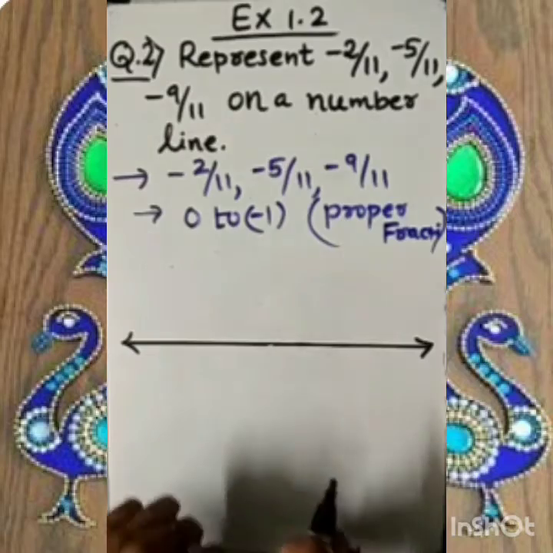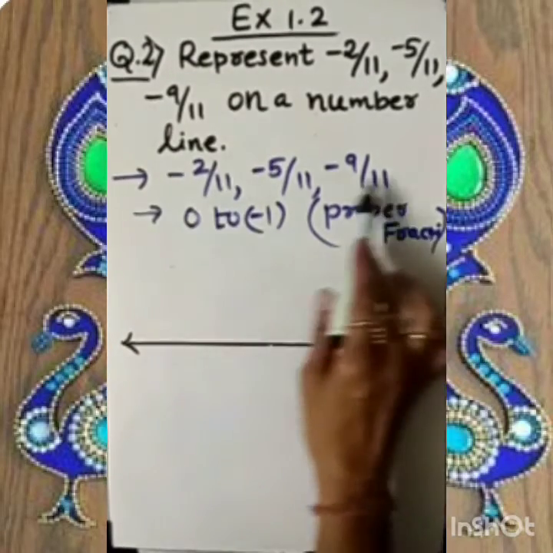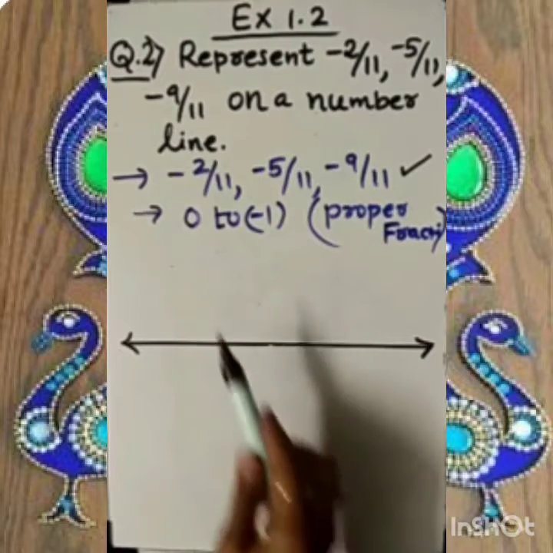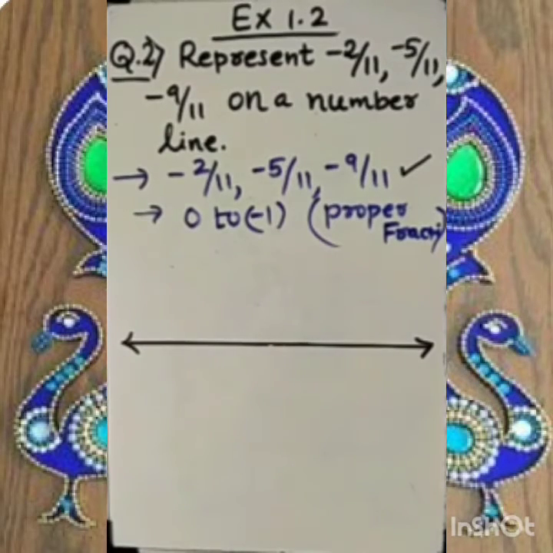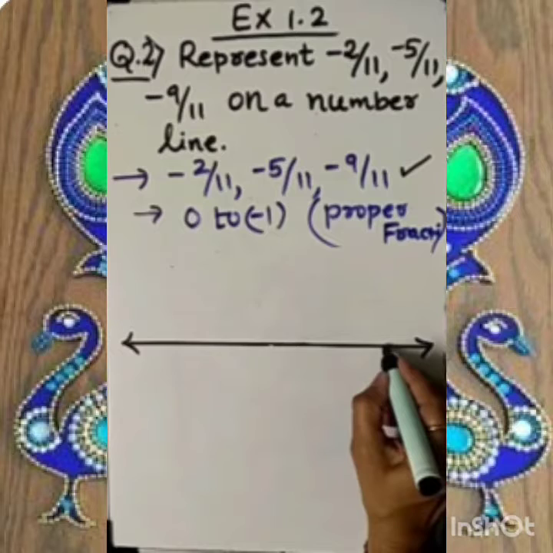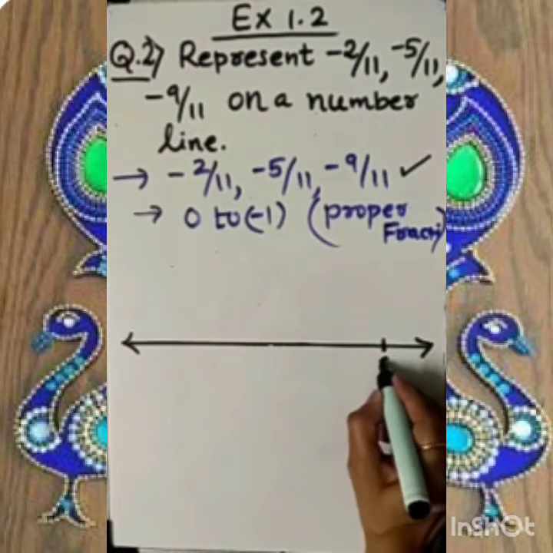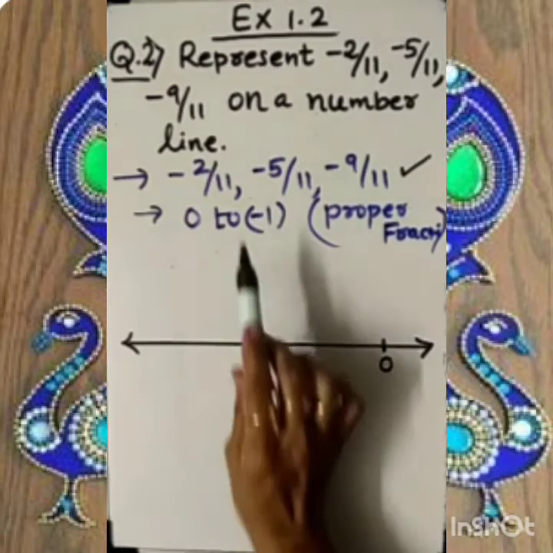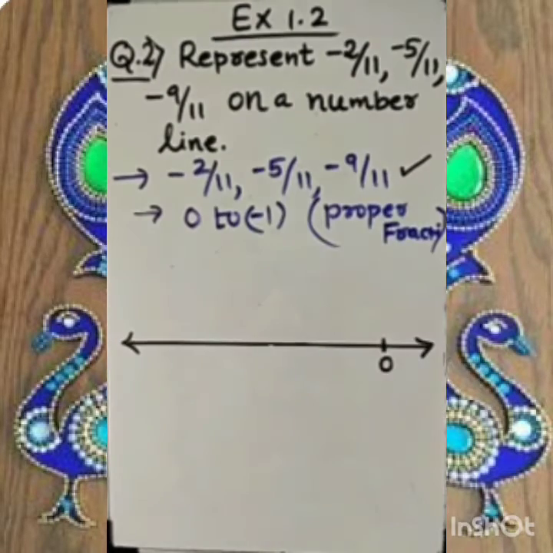Now, as I told you, the numbers we are asked to locate on a number line must lie between 0 and -1. So, dear student, here I am marking this as 0. Then I need 11 equal parts to reach -1. Fine.